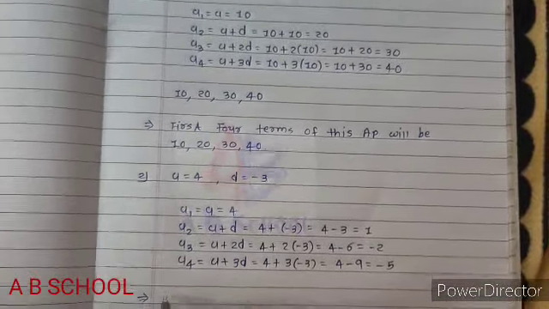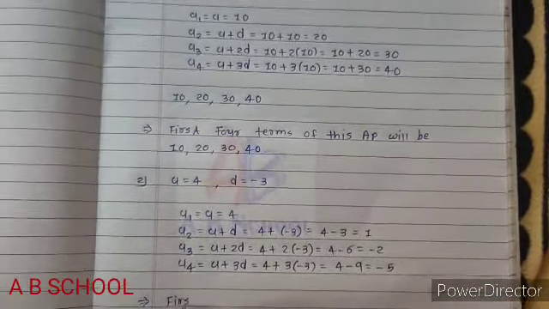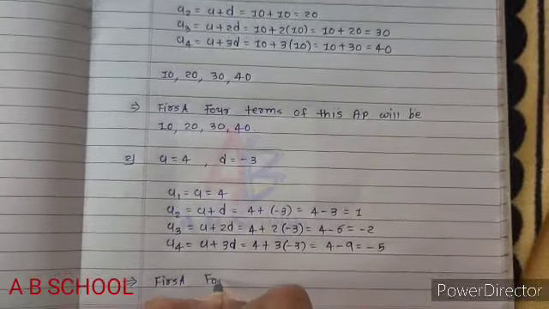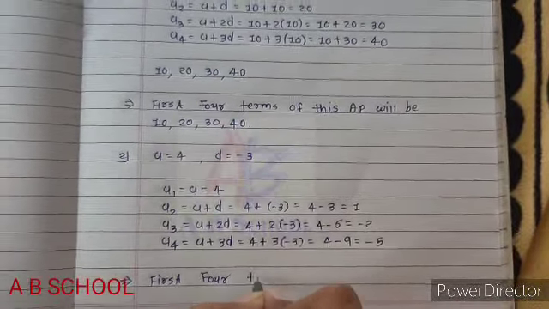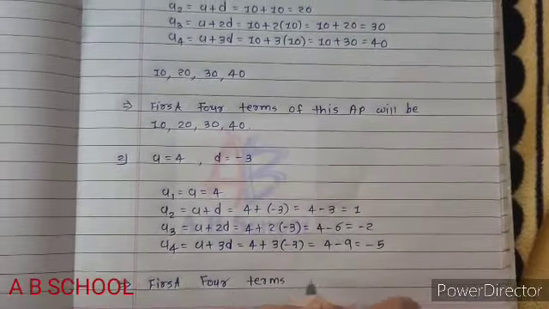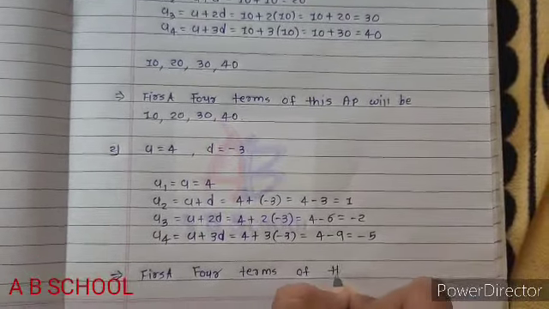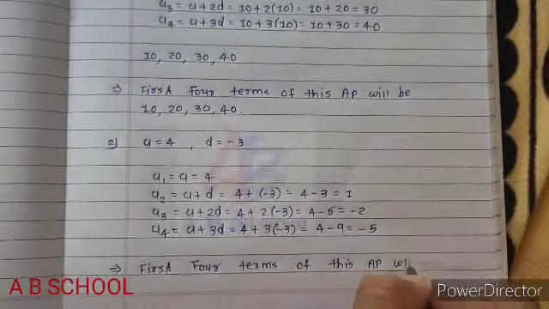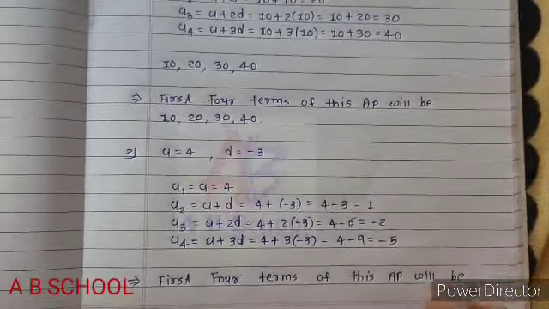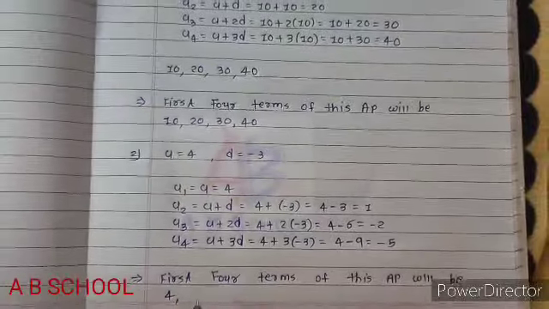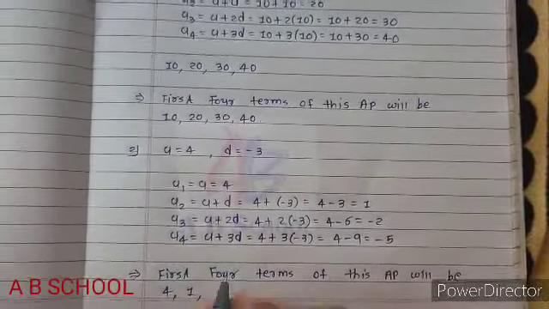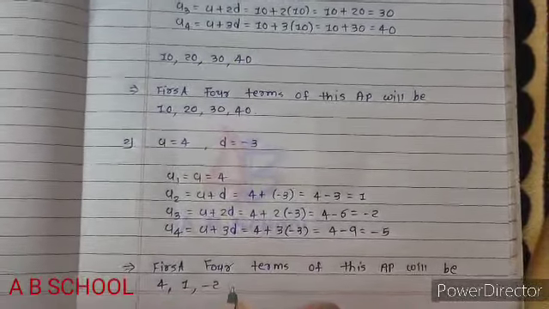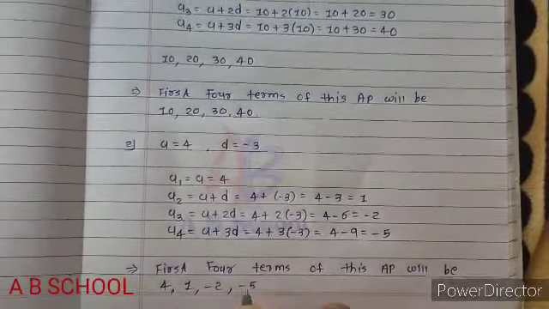So the first 4 terms of this AP will be 4, 1, minus 2, minus 5.